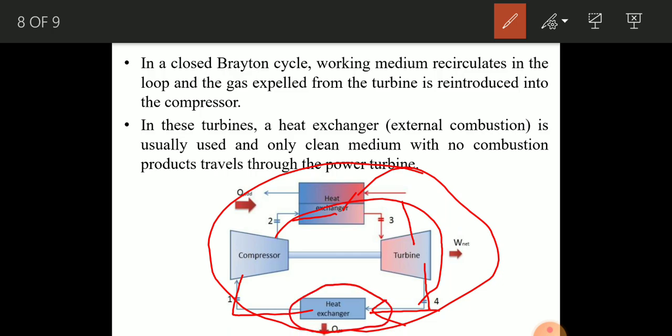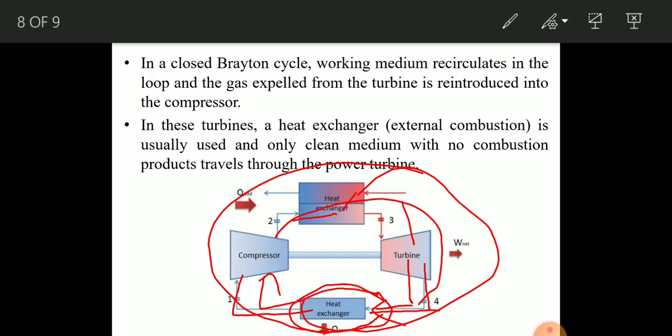What is the use of this heat exchanger? Whatever air is coming through the turbine will go through this heat exchanger, which will bring the temperature of the air back to the original position, and that air will again be used as a working medium through the compressor, and this process repeats in a cycle.